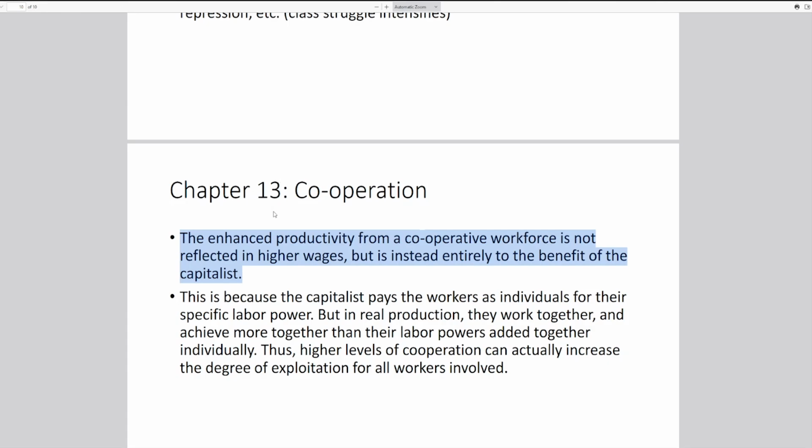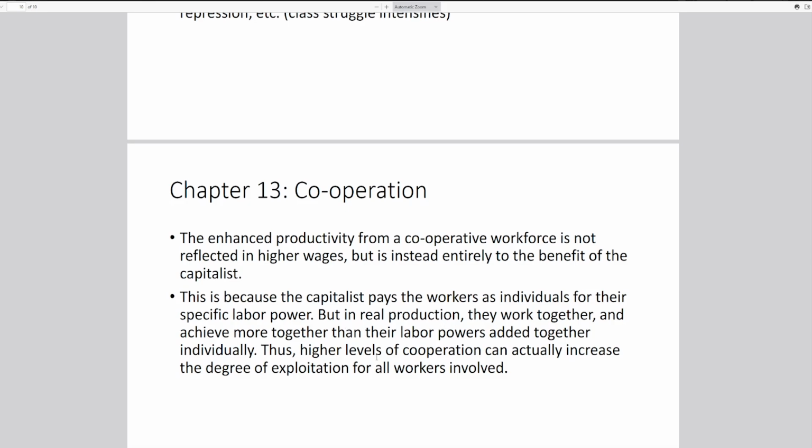Essentially, the way I worded it is that the enhanced productivity from a cooperative workforce is not reflected in higher wages but is instead entirely for the benefit of the capitalist. Because the capitalist pays workers as individuals for their specific labor power. But in real production, in other words, the labor process, they're actually working together and they achieve more together than their labor powers added together individually.